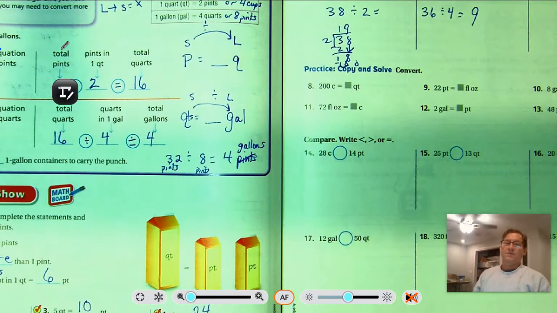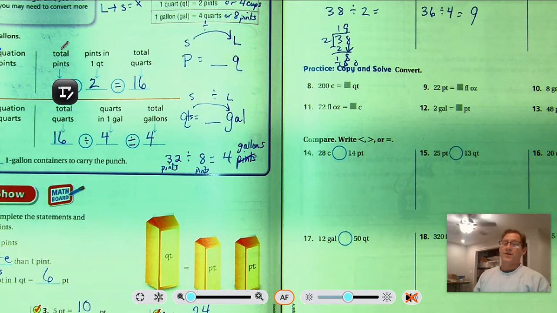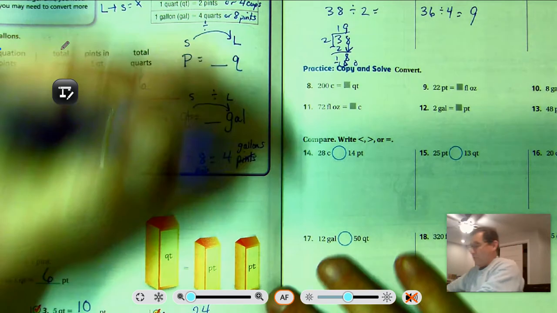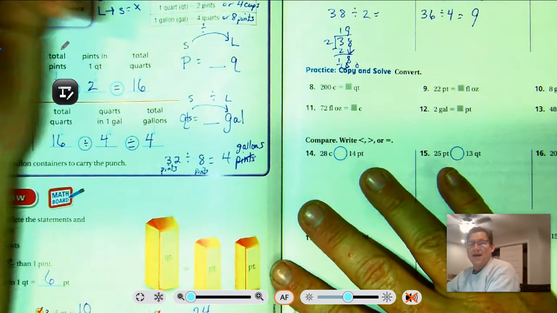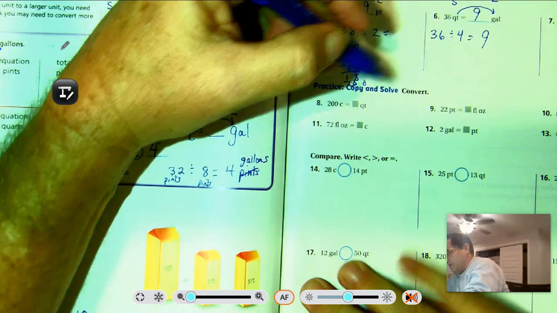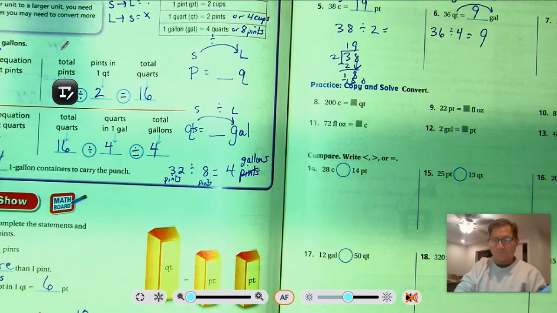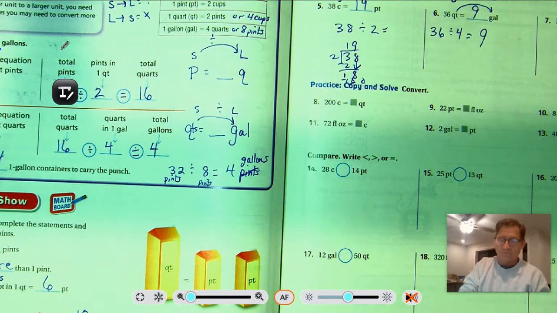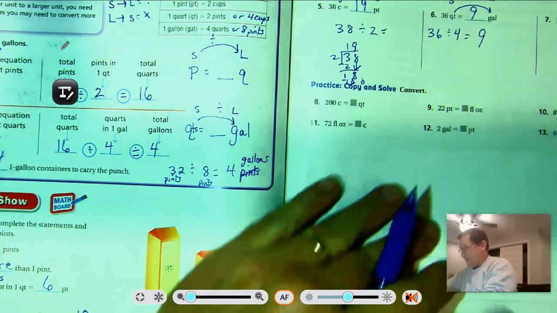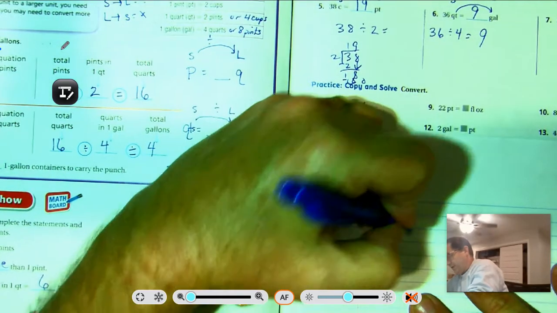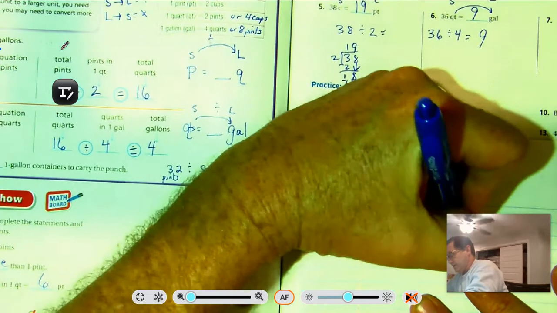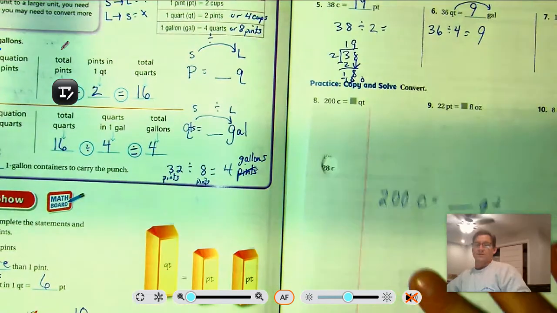All right, now we're going to convert 200 cups into how many quarts? Well, we want to change the cups to pints first. So if we look at this, we're going to say 200 cups equals how many quarts?